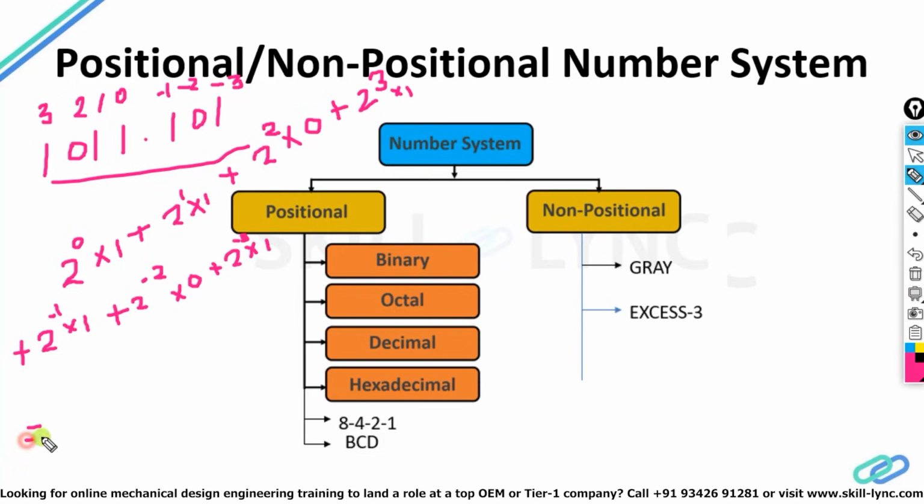For example, 2 to power 0 into 1 is 1, plus 2 into 1 is 2, plus 0 because 0 means nothing, plus 8, plus 1 by 2, plus 1 by 8.